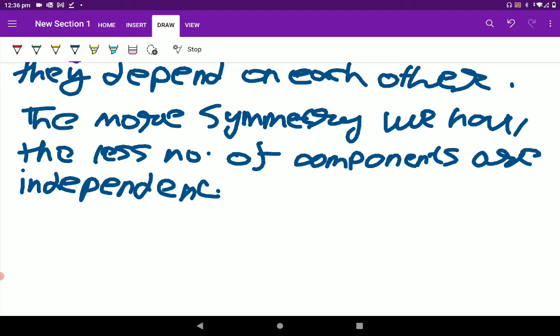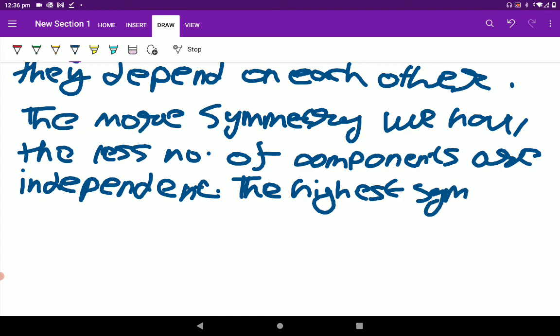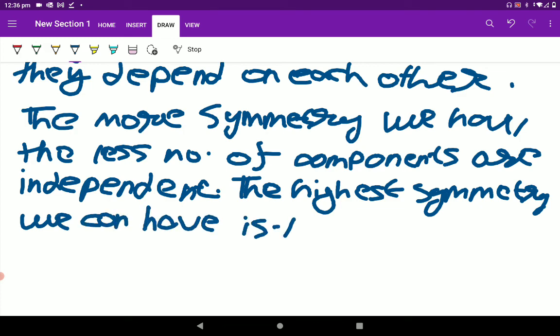The highest symmetry we can have is isotropy.